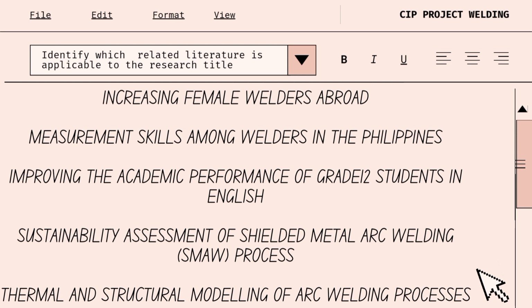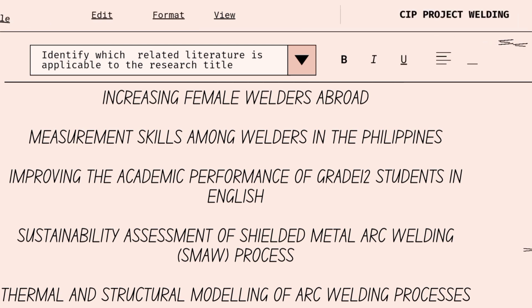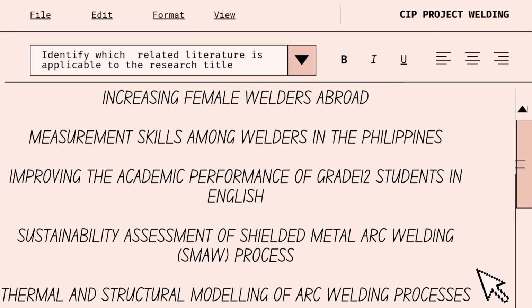Number 4, sustainability assessment of shielded metal arc welding process. Number 5, thermal and structural modeling of the arc welding process. Check which of those following titles of the research may be relevant or related with our research or may be included into our review of related literature.